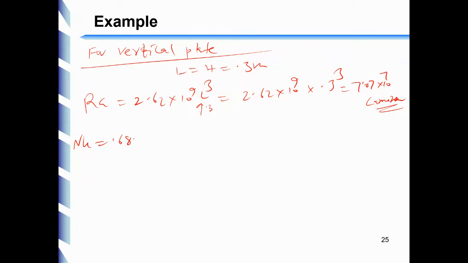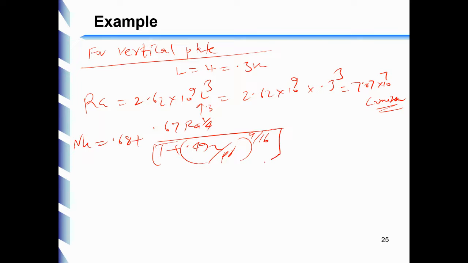N equal to 0.68 plus 0.67 Ra^(1/4) divided by 1 plus 0.492 divided by Pr, all to the power 9/16, to the power 4/9.